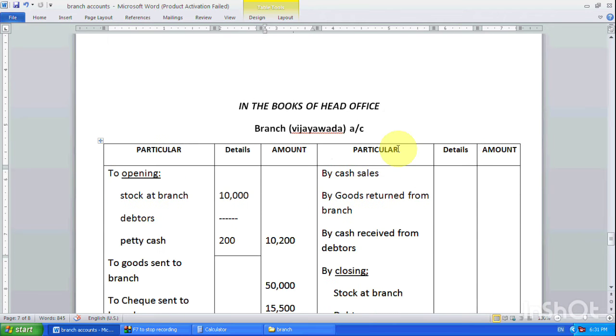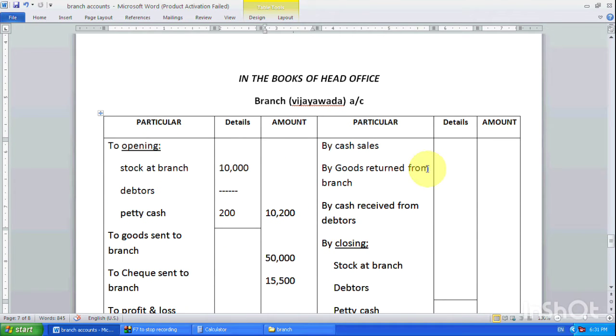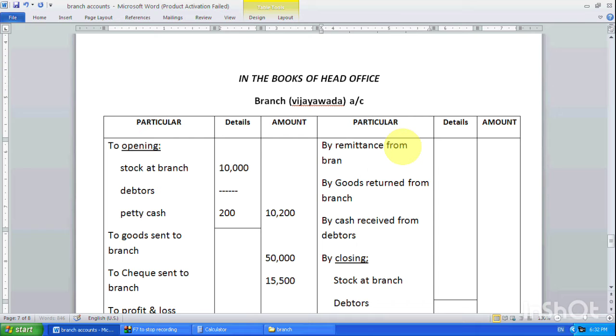Now let's see the entry, remittance from branch is 80,000. Remittance means cash sent to head office. So remittance from branch, that is 80,000.